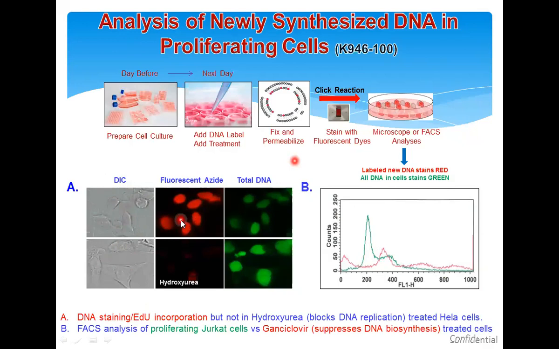The red dye is the DNA staining with the EdU incorporated in it, and total DNA is stained in green. So you can be sure that these are the replicating, proliferating cells, with newly synthesized DNA, and you see the click reaction happening here.